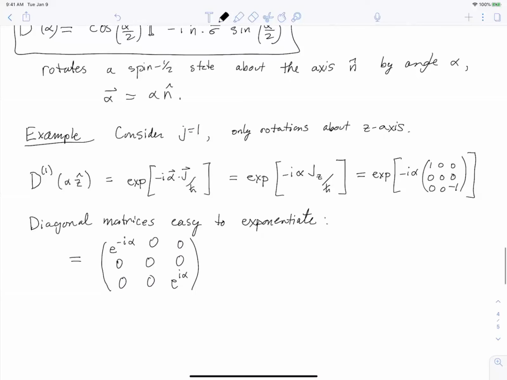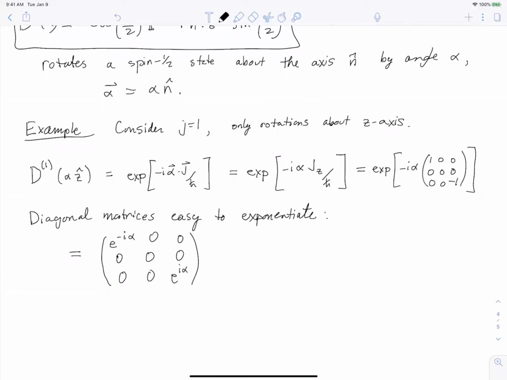Okay, and so that's the matrix that is telling you how to rotate about the z-axis for a j=1 system. You just multiply by phases, and once again, I put a 0 where I meant a 1. Right here, this should have been a 1. Because when I exponentiate 0, I get 1, not 0.